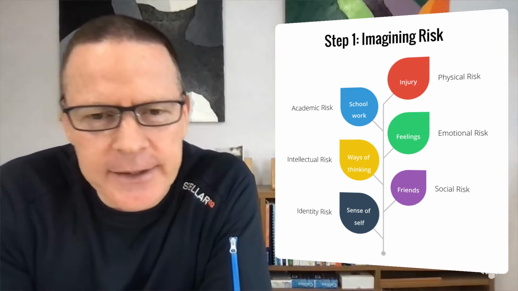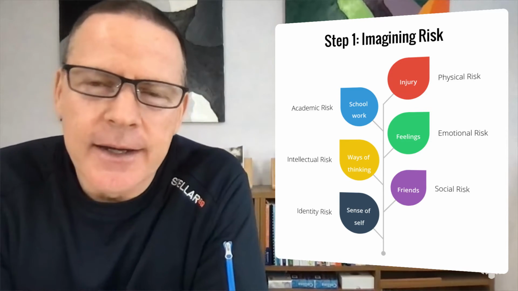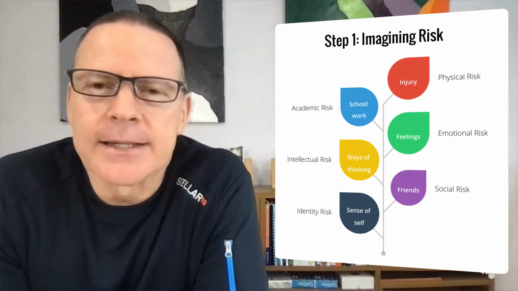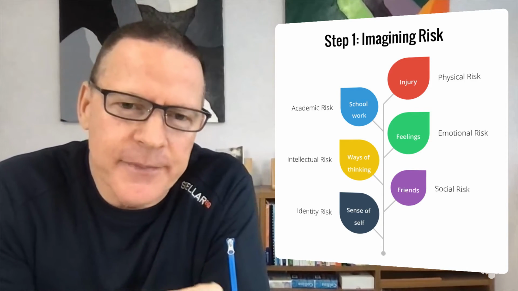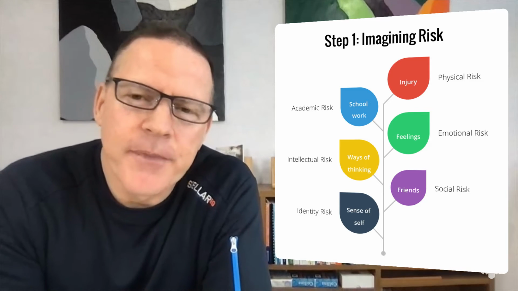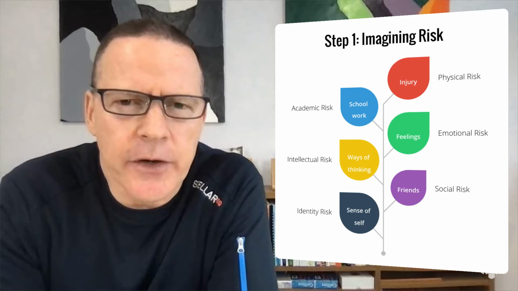This, for example, the one down the bottom, identity risk, this sense of self. Are there risks that our child will not be developing this kind of independent sense of self, which is something that's kind of less likely to be on our radar.